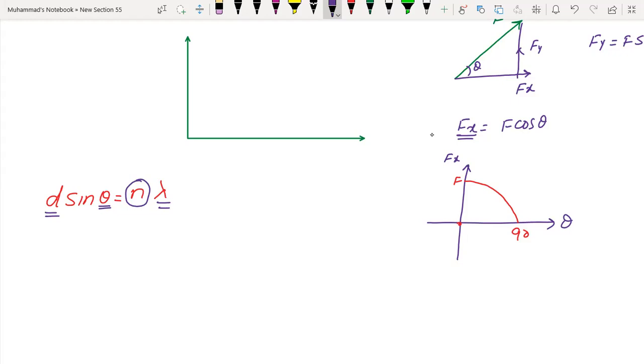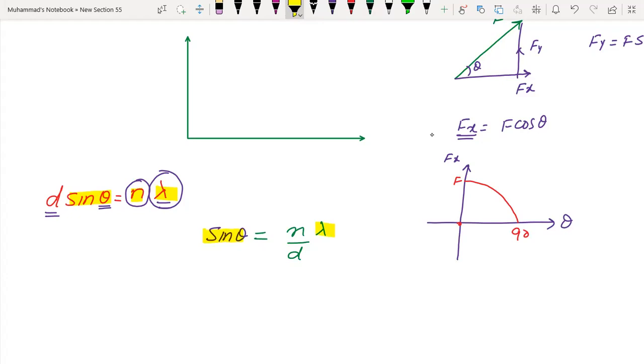So if on the y-axis I plot sine theta, and on the x-axis I plot lambda, what's the relationship between sine theta and lambda for any fixed order? You can see from this equation that sine theta is n lambda over d, and sine theta is proportional to wavelength.